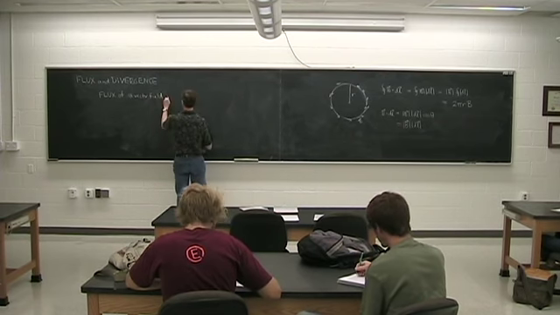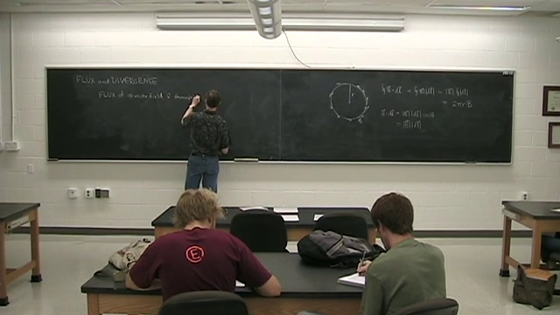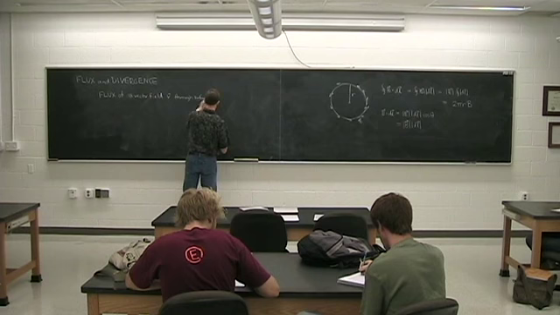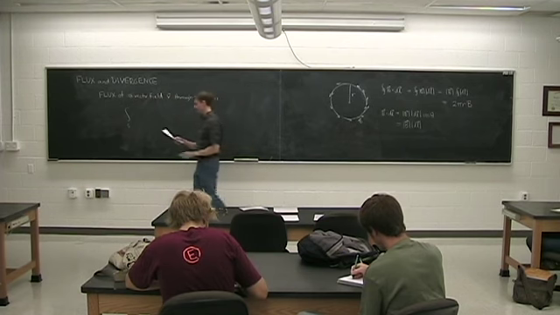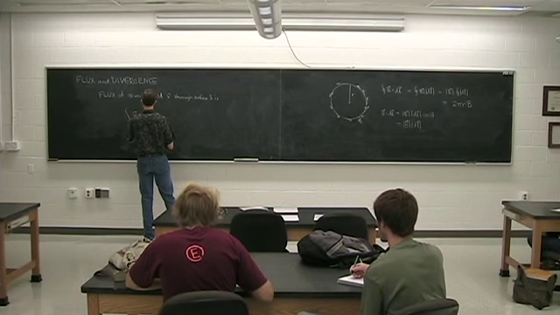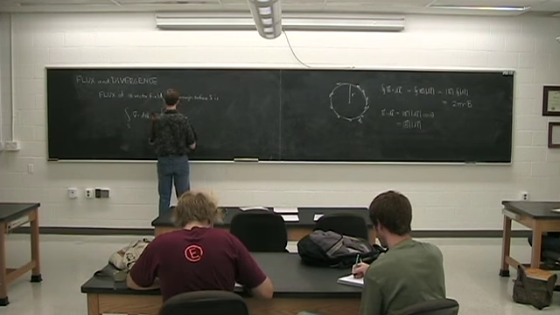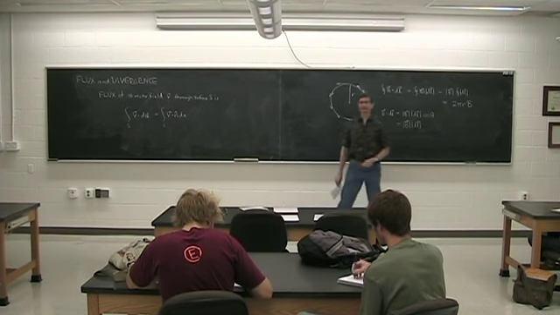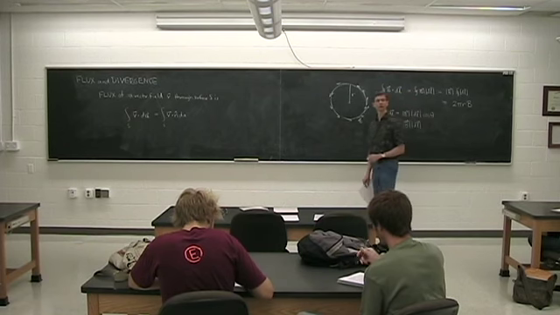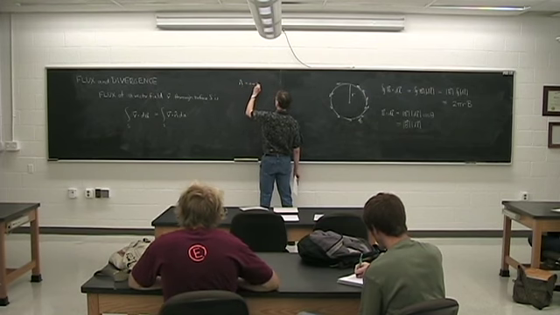The flux of a vector field V through a surface S, and we put a little subscript S to mean it's through a particular surface, is the integral of V dot dA, or another way to write it is the integral of V dot n hat dA, where n hat is the outward unit normal to the surface at each point.